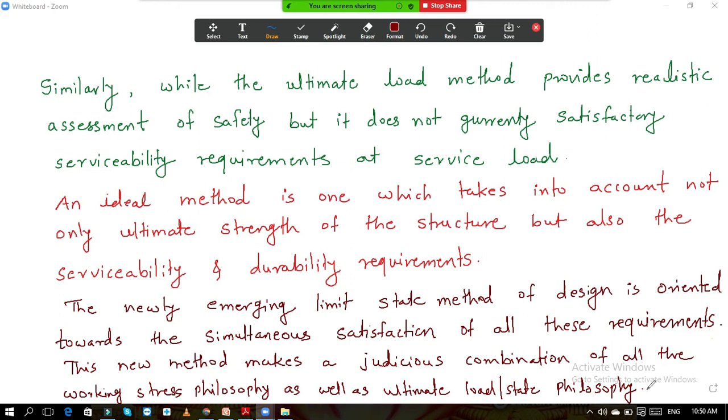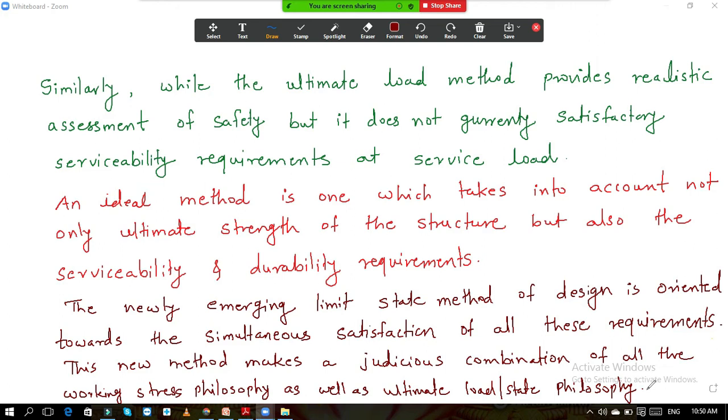So what does it say? This new method is a judicious combination of the working stress method as well as the ultimate load method or ultimate load philosophy. Okay, so this is the introduction.